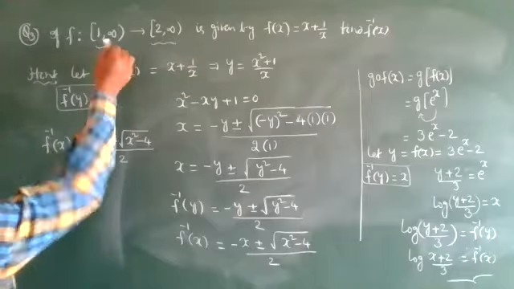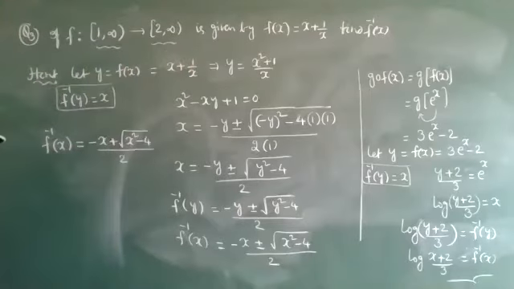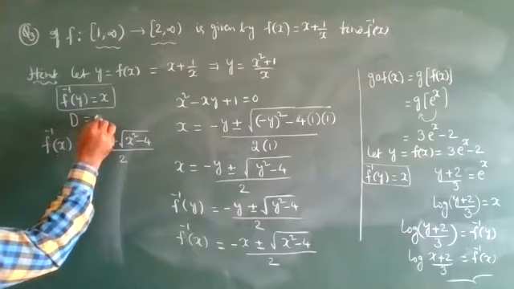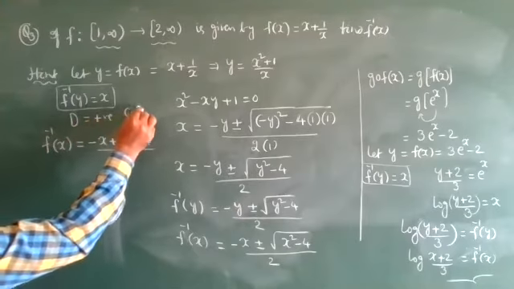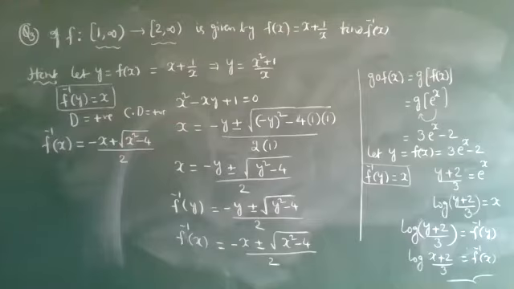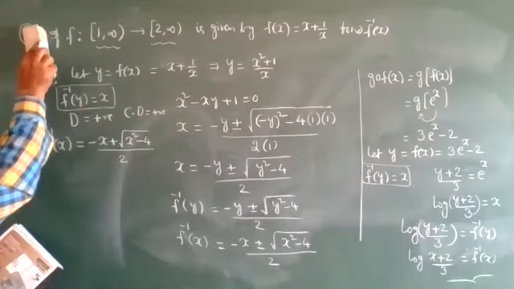Domain is positive, codomain is positive. Both are positive. That's why inverse also we take it as positive. Okay? Right. Last problem.